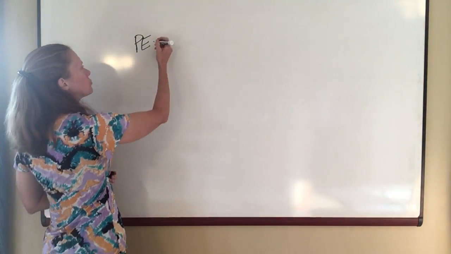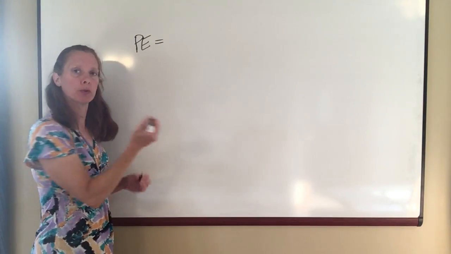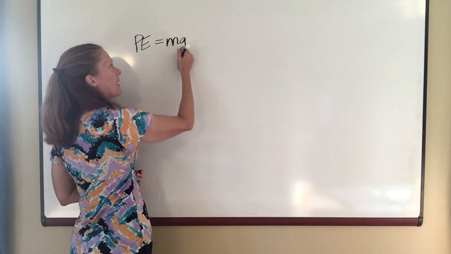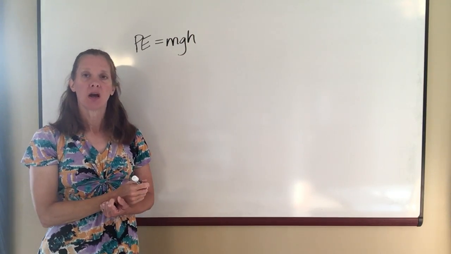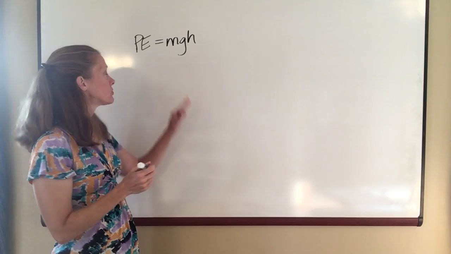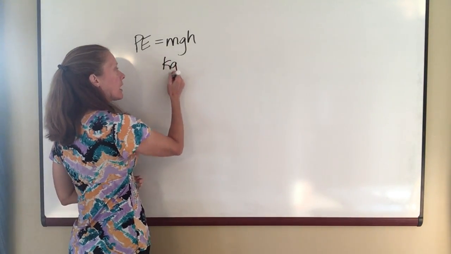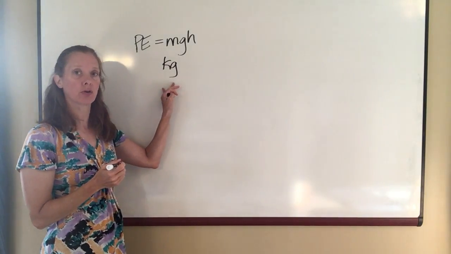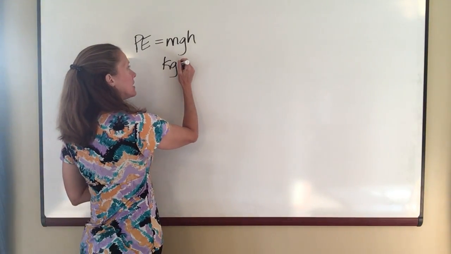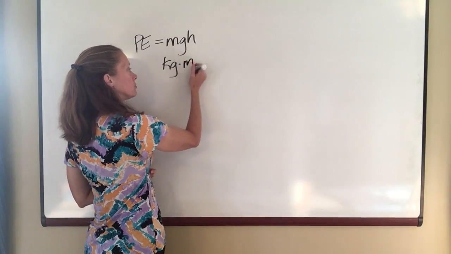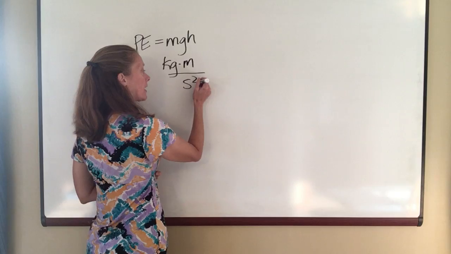So potential energy, for the purposes that we're going to be using it for, is mass times gravity times height. Okay, so if we think about units here, mass is normally expressed in kilograms. Gravity is 9.8 meters per second squared, so I've got meters over second squared.